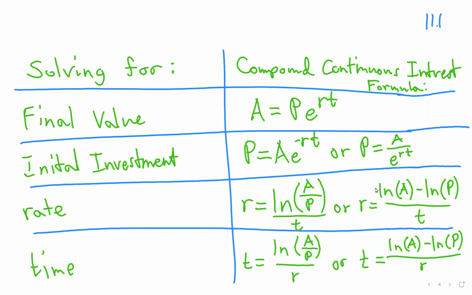But if you have a log of A over P, it can come out as log of A minus log of P. And so for these natural logs, we can do this operation to create another equation, which looks slightly different, but still does the same thing. Both of these would come out to the same value, but they are two different ways you can actually do the calculations. So that's a little bit of natural logs and how it applies to compound continuous interest and different ways that you can write the formula for different values that you're looking for.